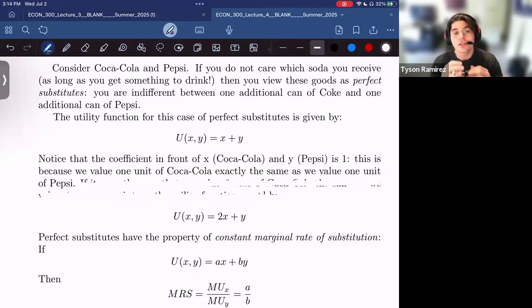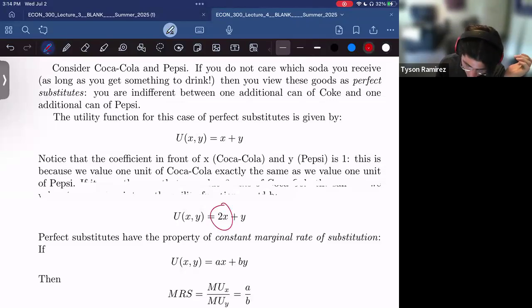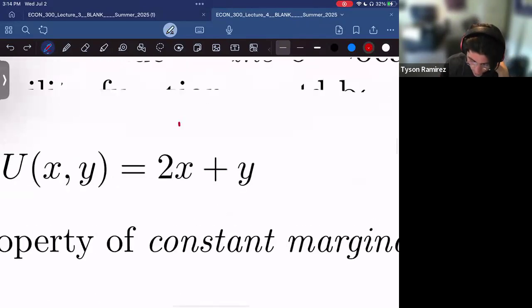Okay. So instead, suppose that, remember X is Coca-Cola, or in this example, we're going to call X Coca-Cola. So maybe we like Coca-Cola a little bit more. If we like Coca-Cola a little bit more, then suppose I got 1 unit of Coke and 0 of Pepsi, then my utility would be 2.